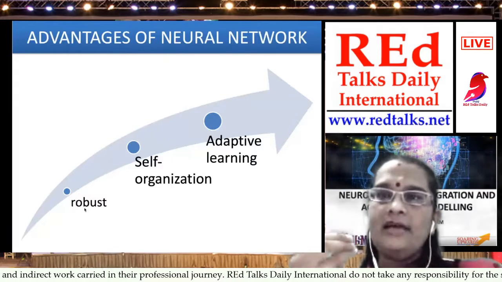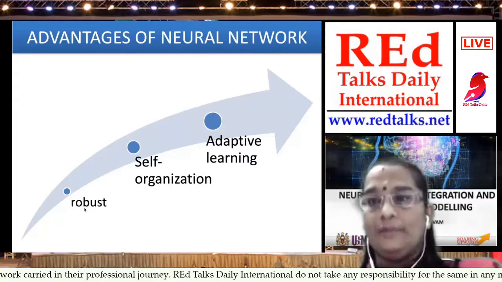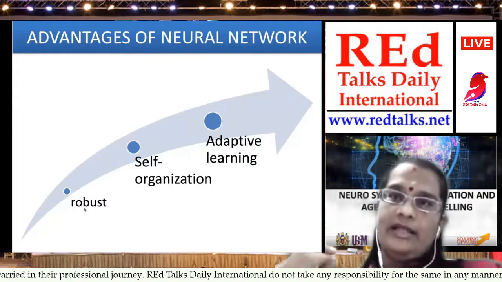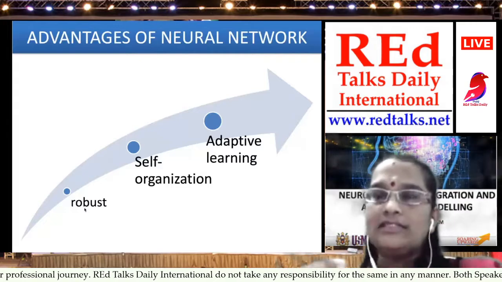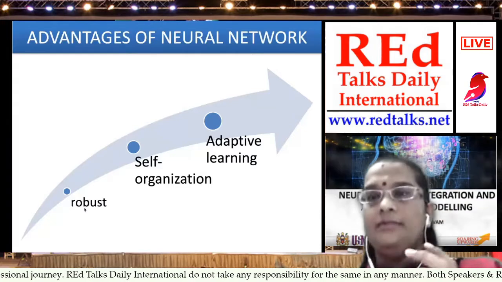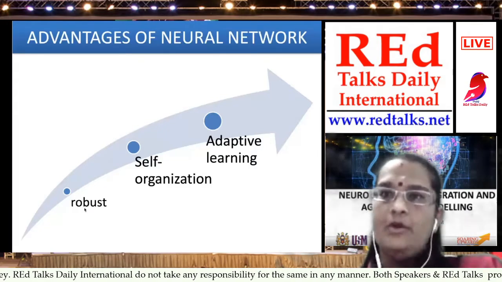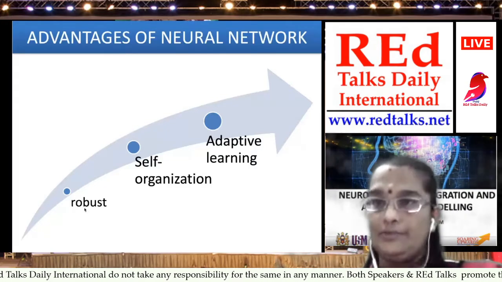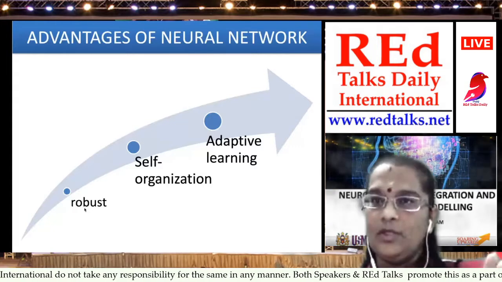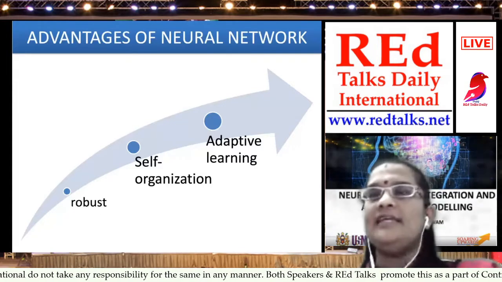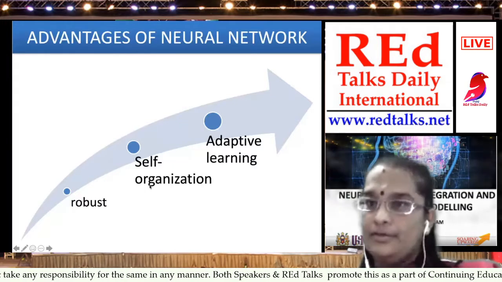So although some information is missing in your thumbprint during the process, the neural network that has been implemented has the capability to reconstruct your thumbprint. Because of that, the computer can match your dirty fingerprint with the existing fingerprint in the computer memory. This is what we call robust, and this process works very fast. That's why we can say neural networks are very good in pattern recognition type of problems.